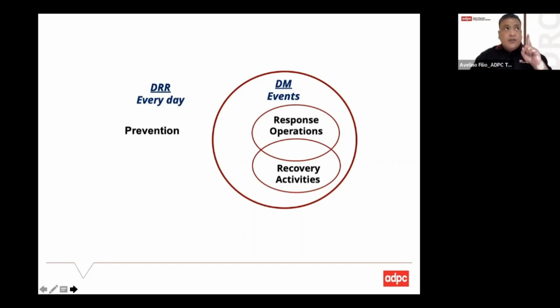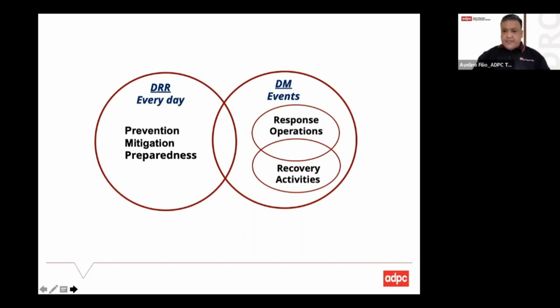No. Can you prevent a cyclone? No. But you can prevent its impact. We're looking here at impact. Outright avoidance. But in case you cannot outrightly avoid the impact, then you can at least mitigate or lessen the impact. And of course, preparedness, which is the bigger circle.